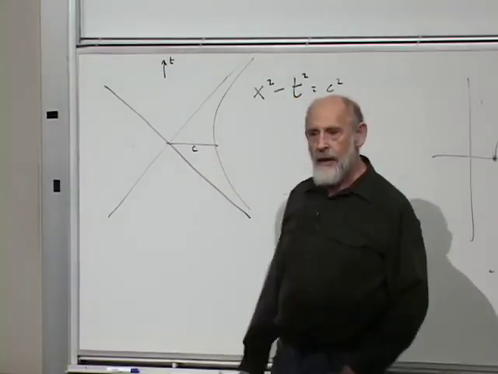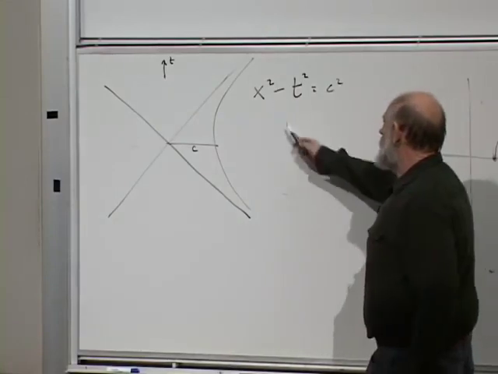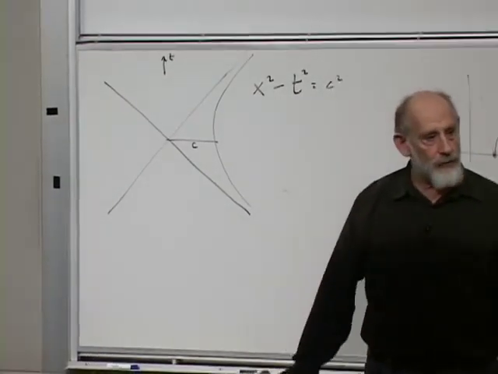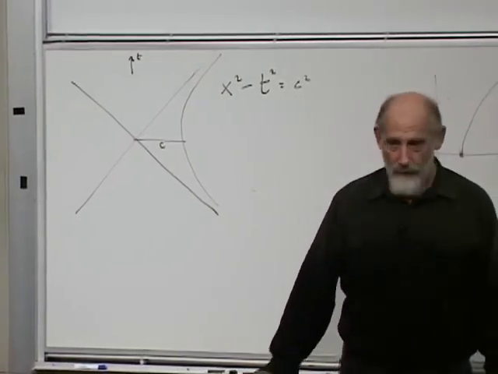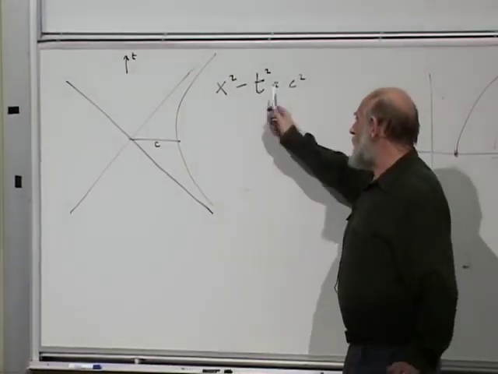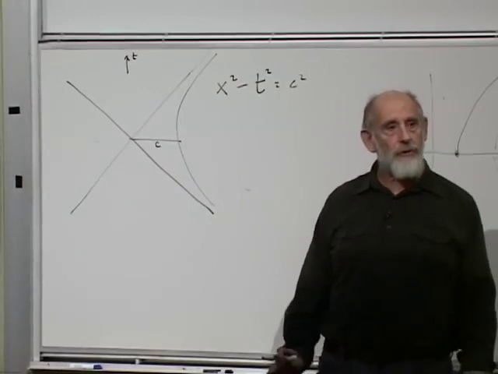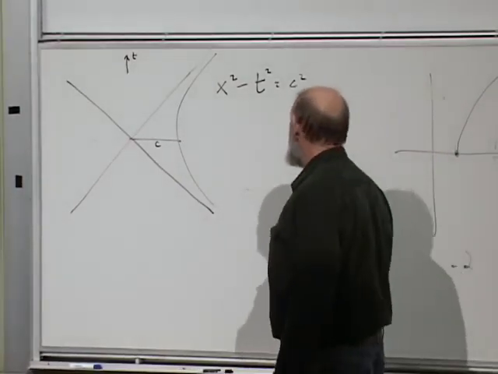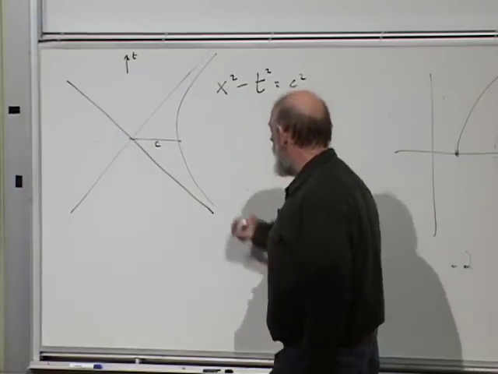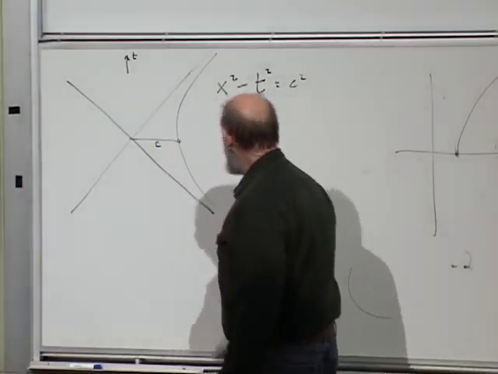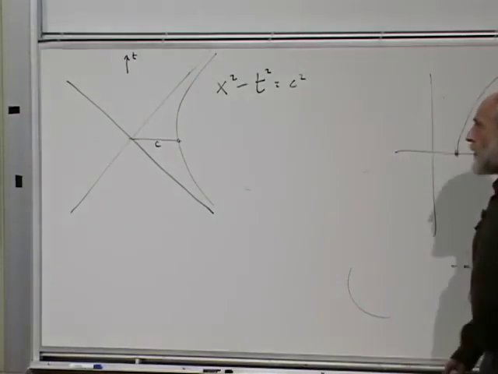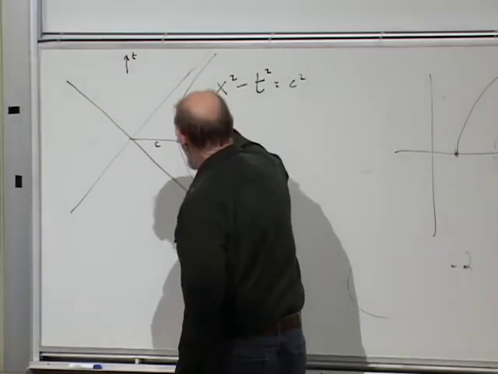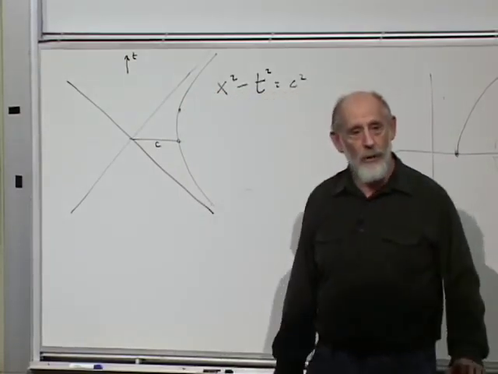How do I know that? I know that because x squared minus t squared is an invariant of a Lorentz transformation. We've gone through this several times. X squared minus t squared is the thing which doesn't change when you do a Lorentz transformation. In other words, if I do a Lorentz transformation and I have a point at which x squared minus t squared equals c squared, if I Lorentz transform it, after the Lorentz transform, it will still be on the same hyperboloid.